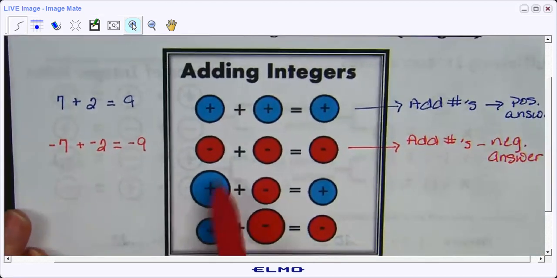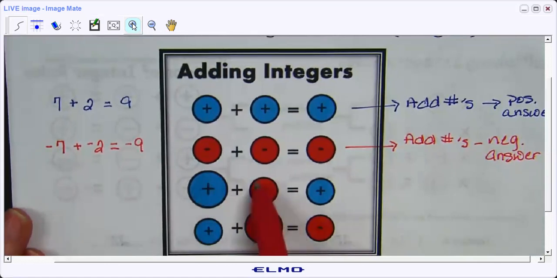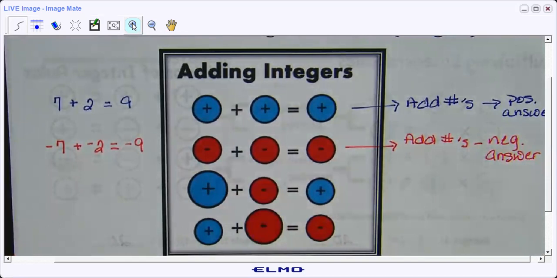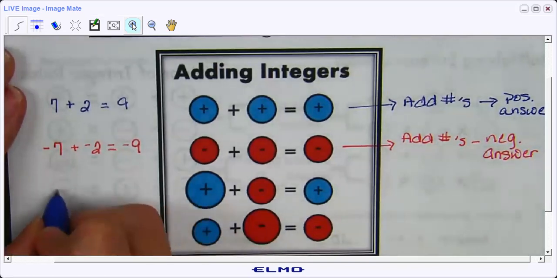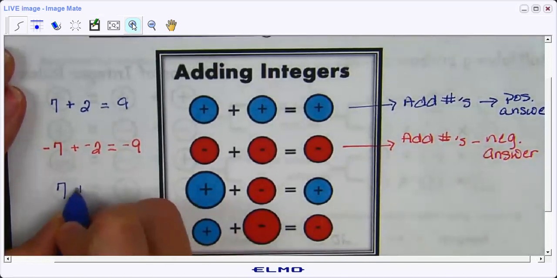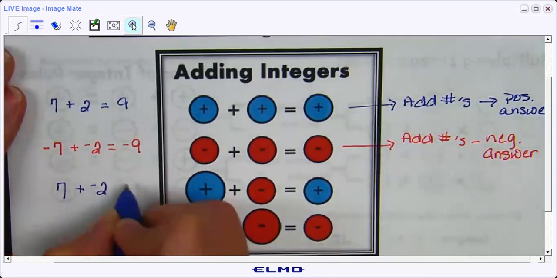Now notice here you have a big blue circle and a small red circle. The big blue one is telling you that your positive number is going to be the bigger number, and your negative number is going to be the smaller number. So here, I'm going to take my bigger number 7, and add it to my smaller number, a negative 2.